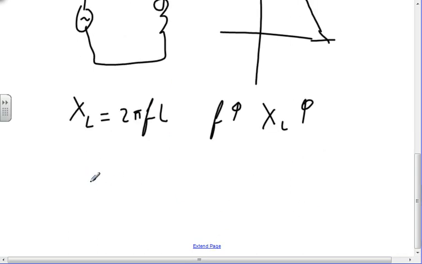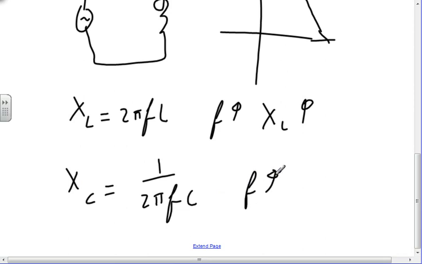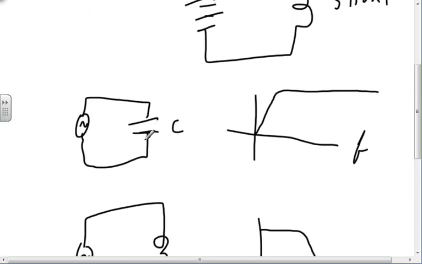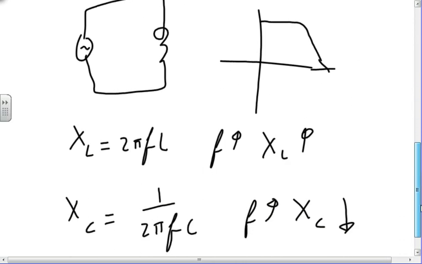When I look at X sub C, it turns out to be 1 over 2 pi FC. So when my frequency goes up, my capacitive reactance goes down. So I look at this as an open at DC. As I increase the frequency, the capacitive reactance starts going down, and I end up passing more current. So that's what's happening there.